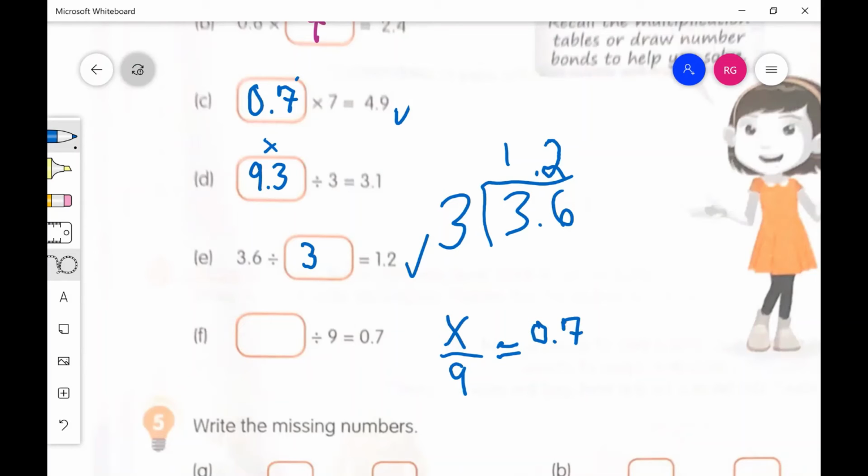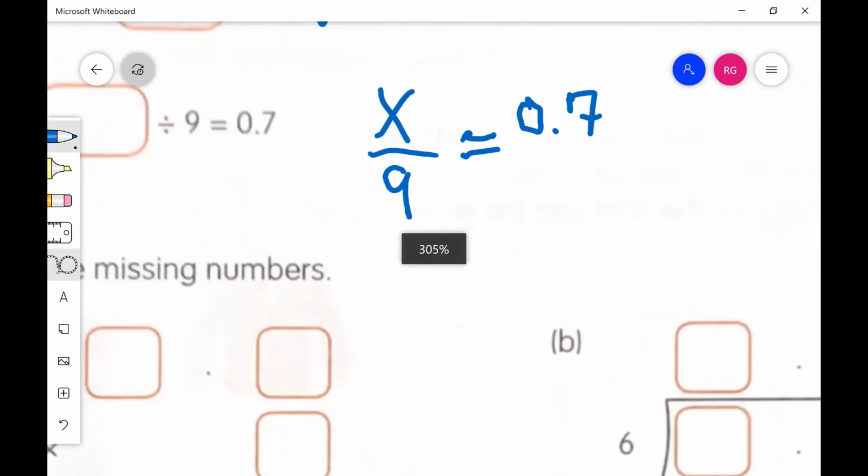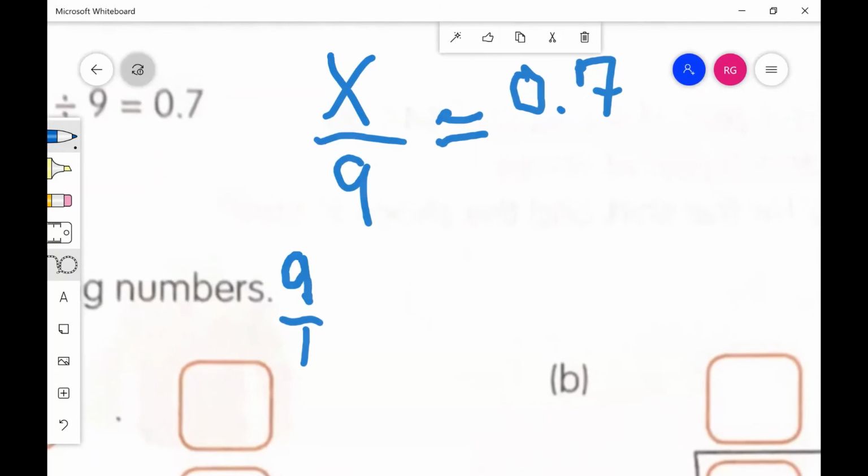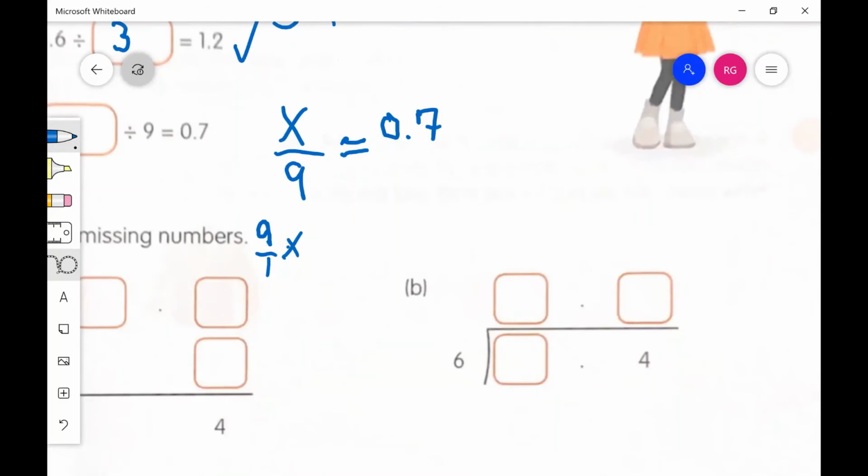And now we can clearly see what to do, right? What's my next step? Well, I need to multiply both sides by 9. So we take 9 over 1 times x over 9 equals 0.7 times 9. I'll just write it like that because I know I can work it out easier.